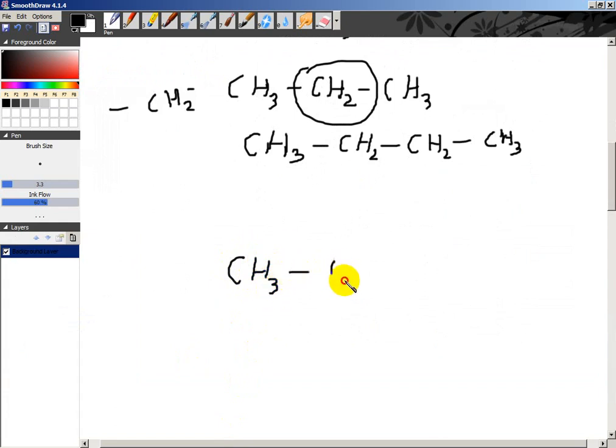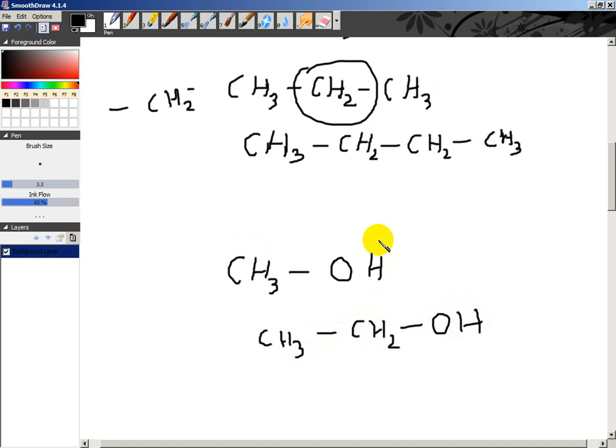This is methanol, a compound of the homologous series of alcohol.